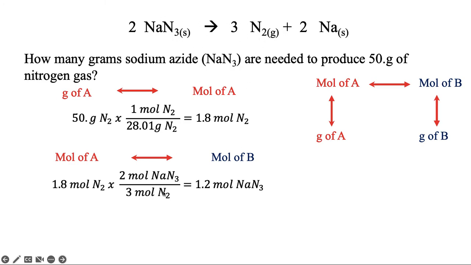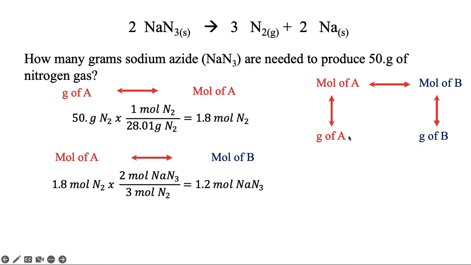And just like we did for the other problem, I have moles of azide on top because that's what I want to end up with, and moles of nitrogen at the bottom because I want them to cancel. I've got moles of nitrogen up here that's being multiplied, and then I put moles of nitrogen at the bottom so they can cancel out. I get 1.8 times 2 moles of sodium azide over 3. And this gives me approximately 1.2 moles of sodium azide.